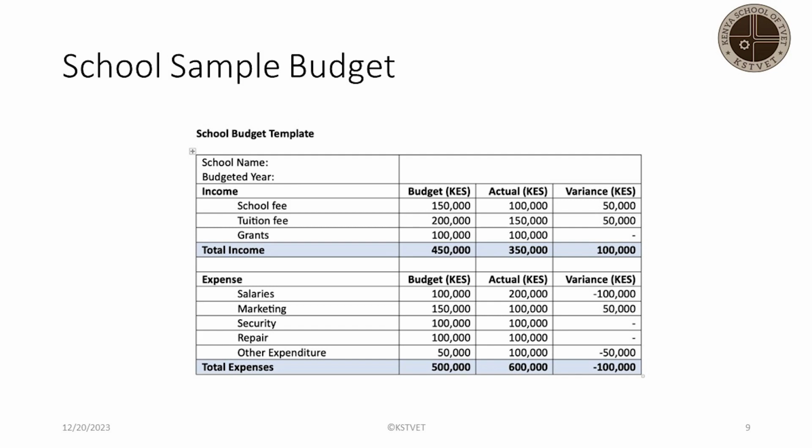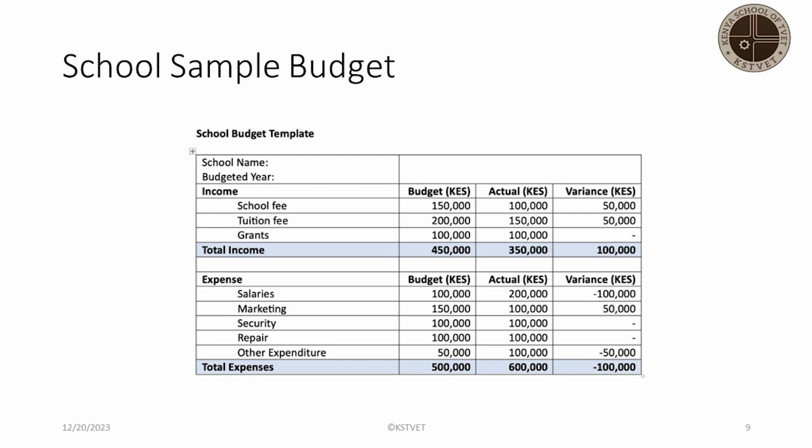For example, we have school fees, tuition fee, grants. Then the next column has the heading budget. This is the money we intend to get.